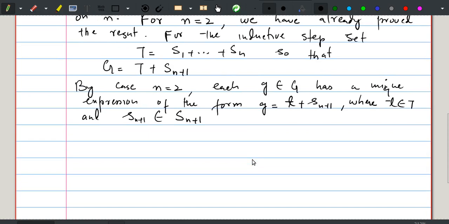But by the inductive hypothesis, this t is in T and the case is true for n.